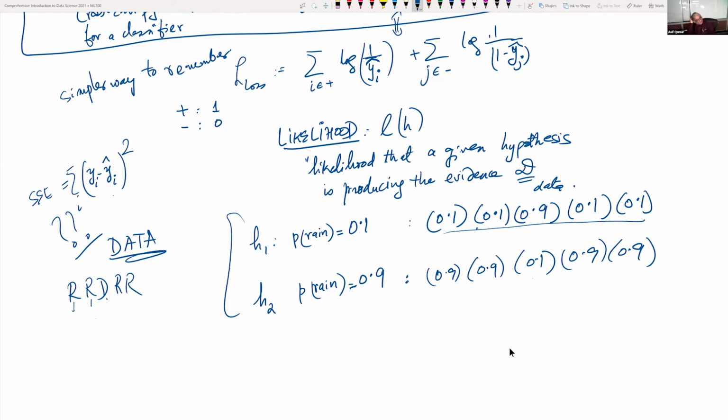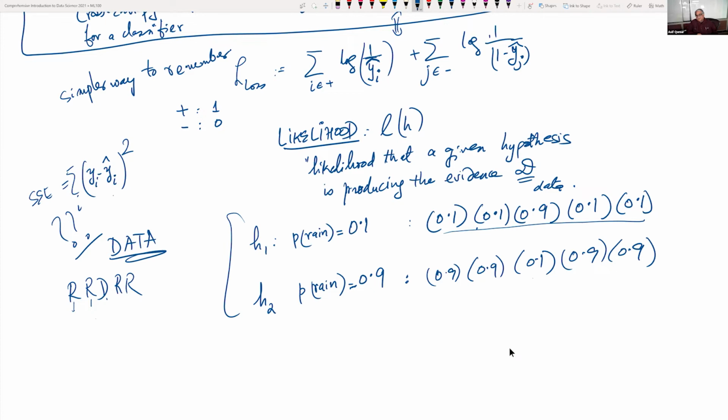Now, which of the two hypotheses looks more probable? Which has higher probability? The second one. The second one beats the first one hands down by a factor of almost 9,900. Well, 9 times 9, 81 squared, whatever that comes to.